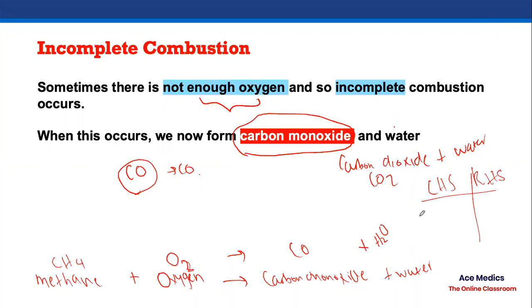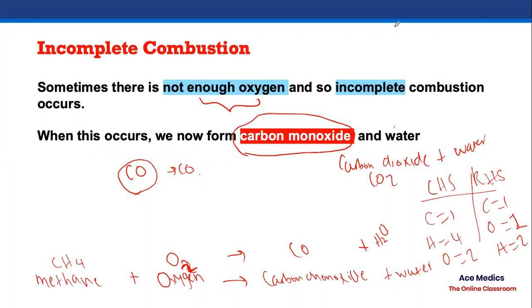So we have 1 carbon, 4 hydrogen atoms, 2 oxygen atoms, because remember O2. And then on this side, we have 1 carbon, 2 oxygen, and 2 hydrogens.